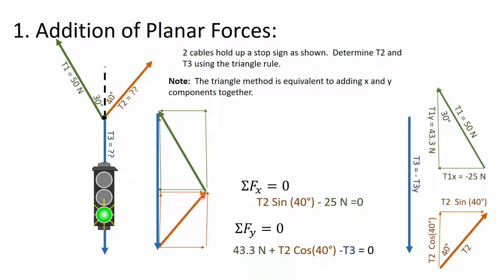And so if you line all of the vectors up head to tail, if everything creates a closed loop here, that is what satisfies these equilibrium conditions for everything in the x direction canceling out and then everything in the y direction canceling out. So you can kind of see how the triangle method of solving this problem is actually equivalent to the components method of solving the problem. It's just a much more visual solution to see how everything adds together.